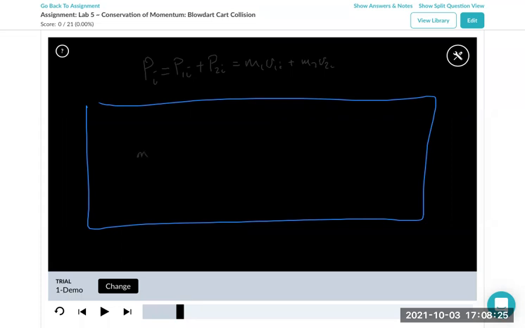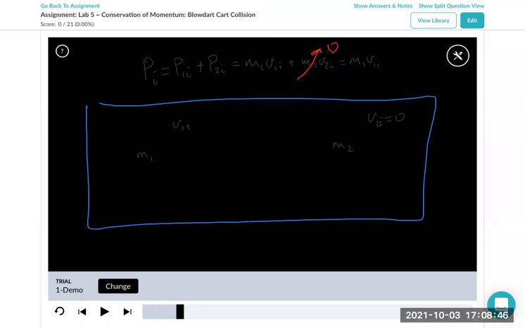The blow dart is my m1 moving at velocity v1 initially, and then m2 is my cart, which has no initial velocity. So technically I can set this whole term to 0, and then I can say that the initial momentum of the system is just m1 v1 initial.